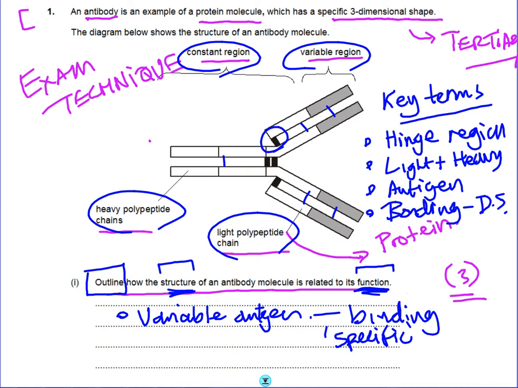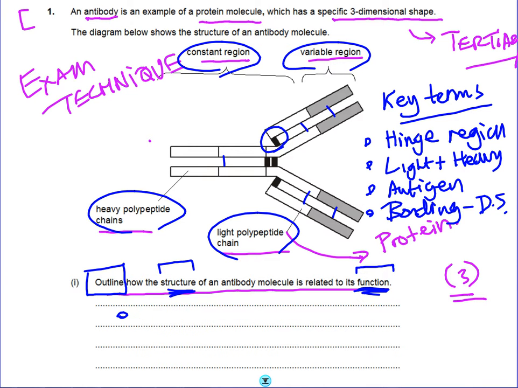So now that I've put that in, I've talked about that particular part of the question. That's one down. I'm going to talk about two more. I'm going to talk about the constant region. So I'm going to say, all right, well, the constant region is specifically designed for binding to receptors on phagocytes.